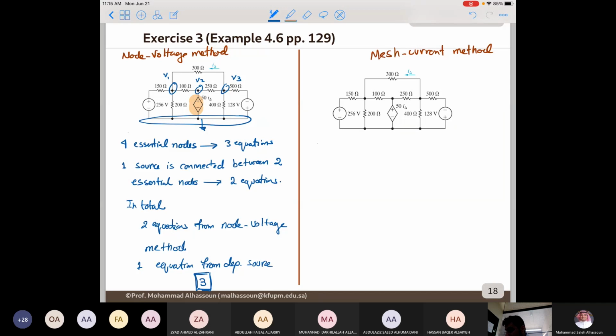When you apply the mesh current method, we need to identify the meshes. So I have IA, IB, IC, ID, and IE. So I have 5 meshes, which means that I have 5 equations.